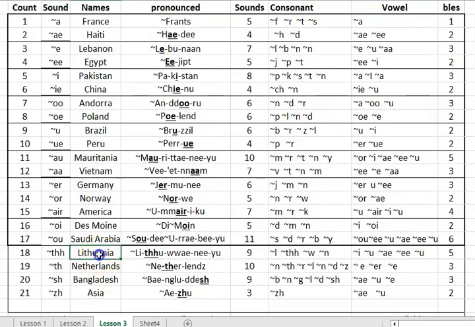We have a couple of words here with TH in them. Lithuania, Netherlands. You can hear the difference with the TH, the breathy unvoiced and the voiced. Unfortunately, we have to add another H there for the unvoiced TH.